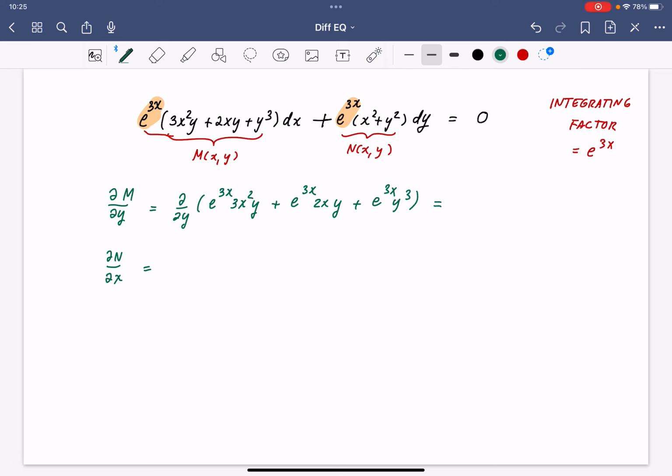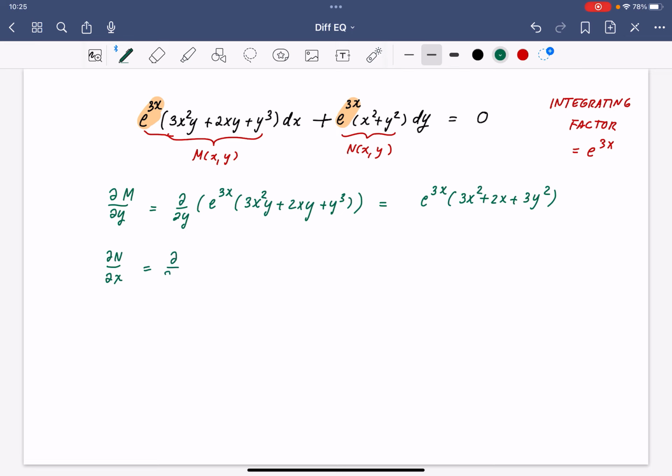Actually, you don't have to multiply it, this e to the 3x is a constant. So 3x squared y plus 2xy plus y cubed, you differentiate with respect to y, pull out the constant e to the 3x, and you get 3x squared plus 2x plus 3y squared. This is differentiate m with respect to y.